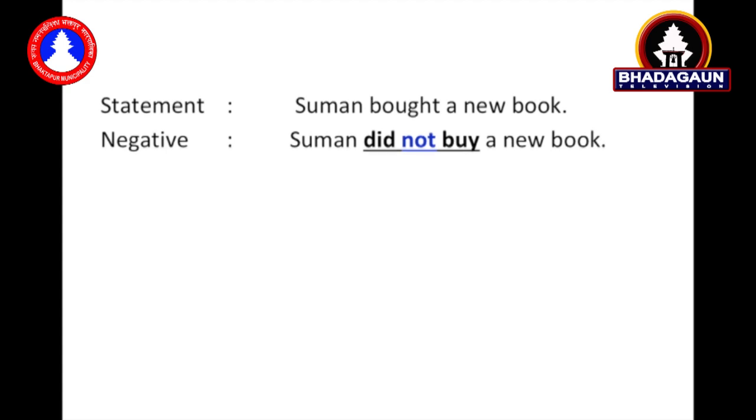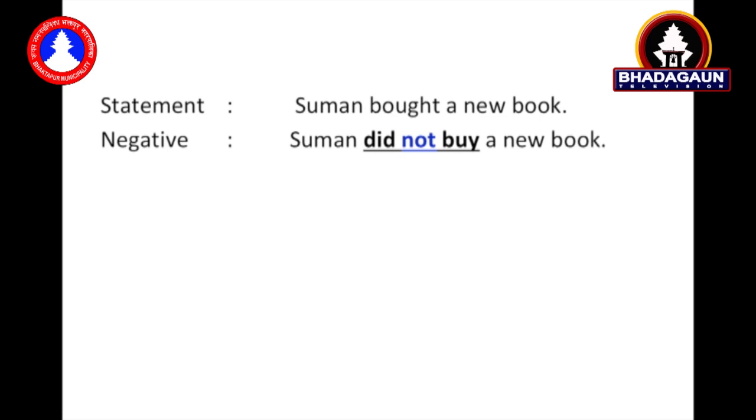Here we should remember one thing: after the use of the do verb, the main verb must be in V1, so bought becomes buy. The do verb is always followed by the V1 form.